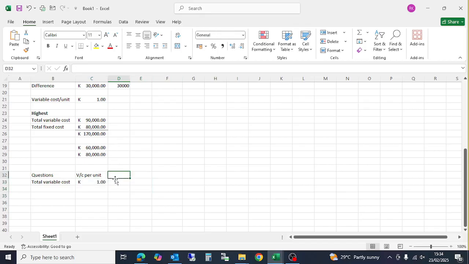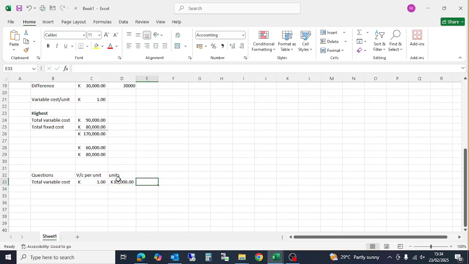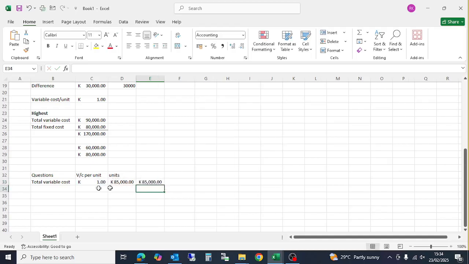And what we are looking for is the total variable cost. The units that they want to produce are 85,000. So the total will be 1 multiplied by 85,000, which is 85,000 itself. We want the total cost. The total cost is fixed cost plus variable cost. So let me bring in the total fixed cost.